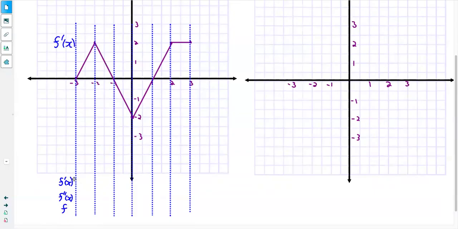Our f prime of x should be fairly simple because we've got a graph of it. Anywhere above the x-axis is going to be positive. So this is above the x-axis, so it's positive. This is above the x-axis, so it's positive. Here, our line is below the x-axis, so negative, below the x-axis, so negative, above, so it's positive, above, it's positive.